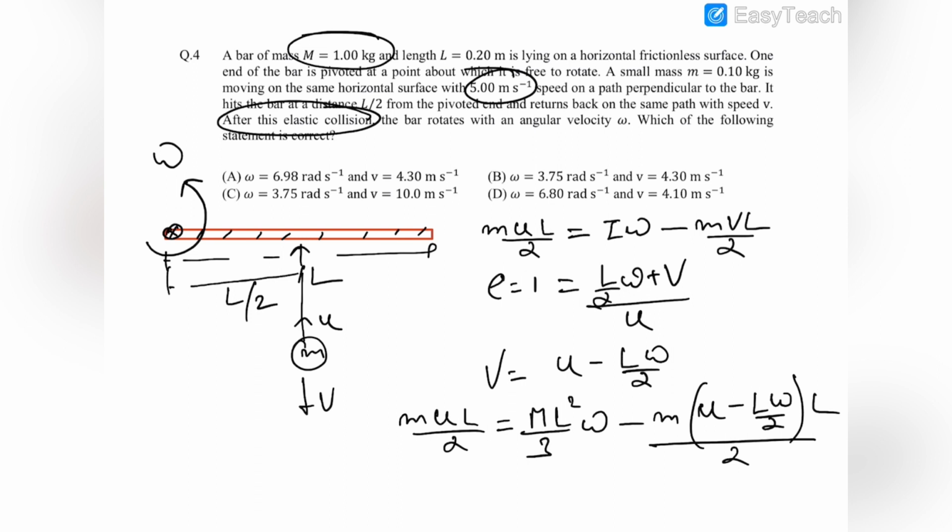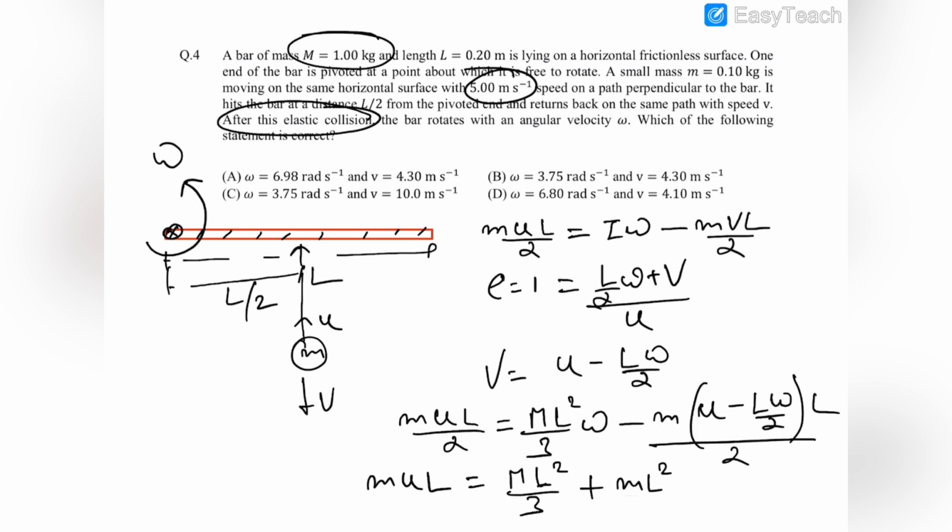So you can see that this is minus m u L by 2 and this is m u L by 2, so we can add up these two. So it would be m u L, and it is equal to M L square by 3 plus m L square by 4, taking omega as common.